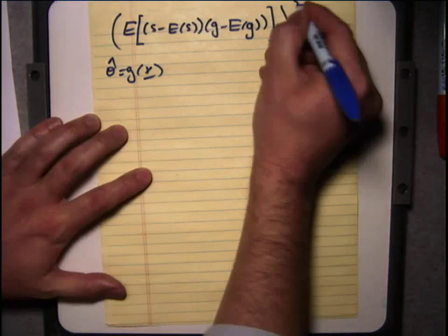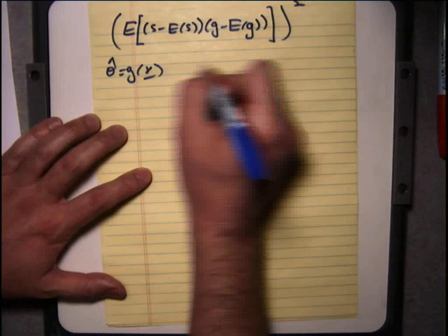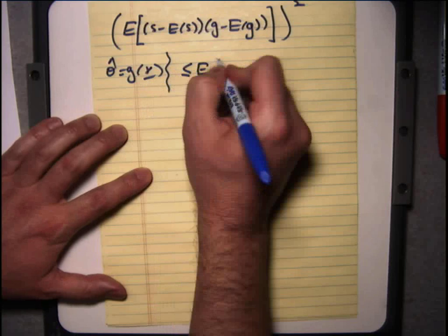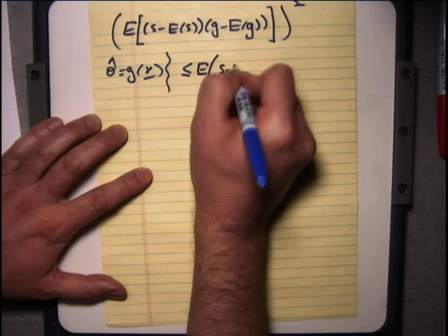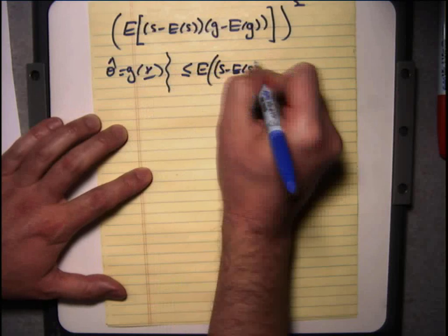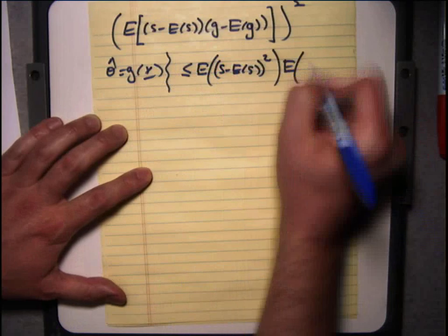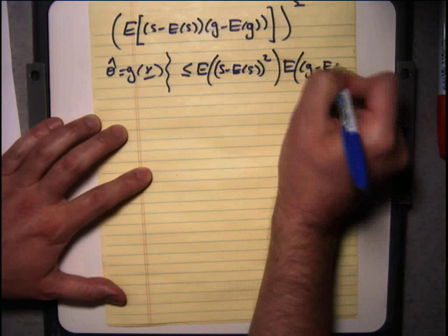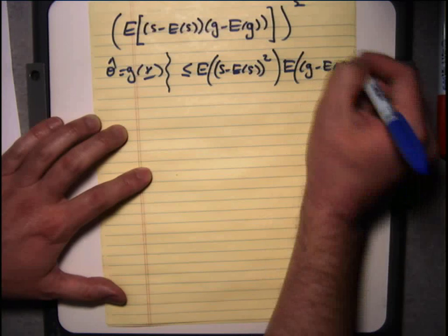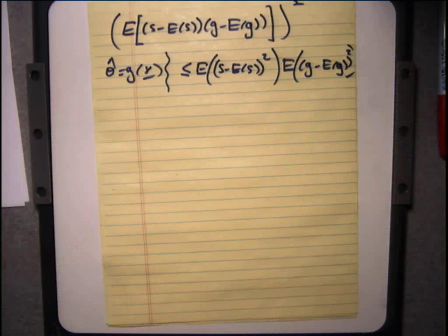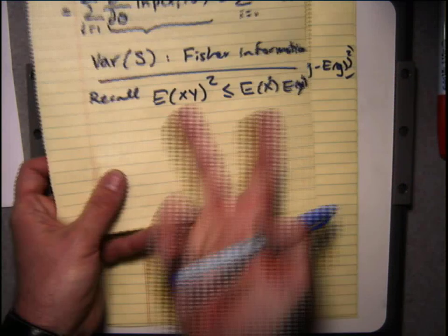This g is just the estimating function. We just call it theta hat as well. So this guy here is less than or equal to the expected value of s minus e of s squared times the expected value of g minus e of g squared. This is just the relationship that I wrote here.